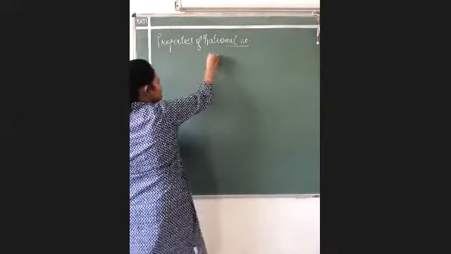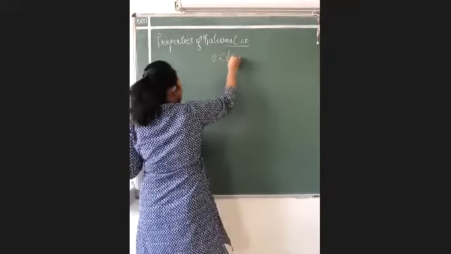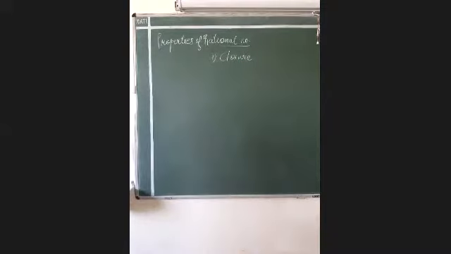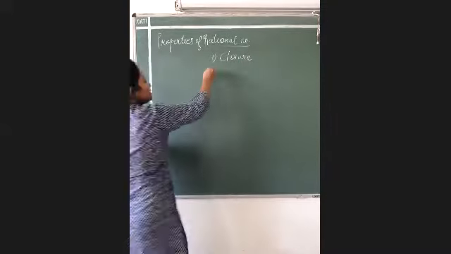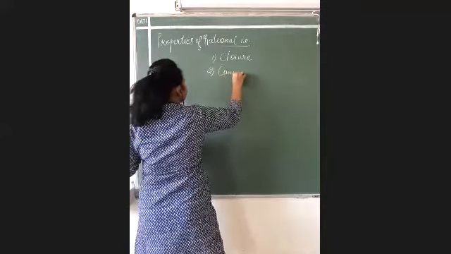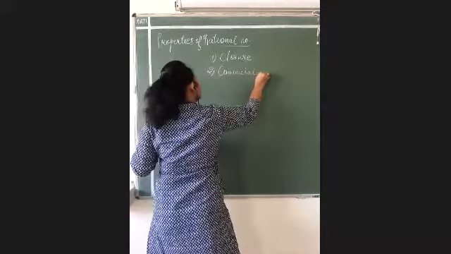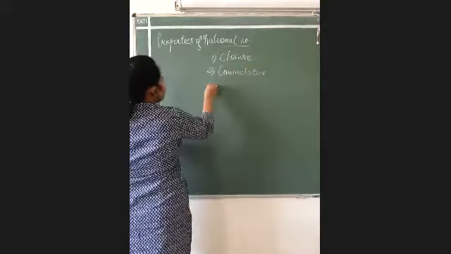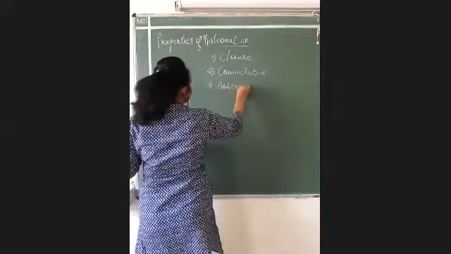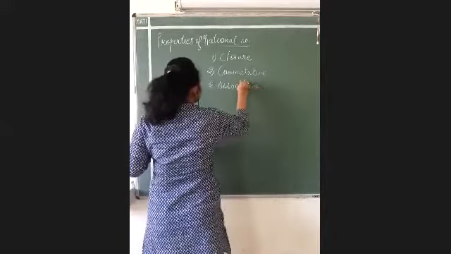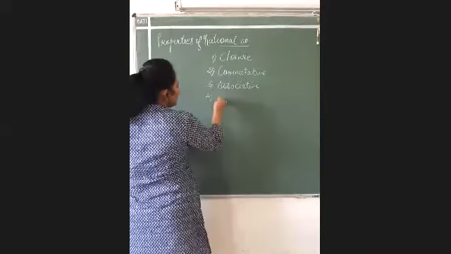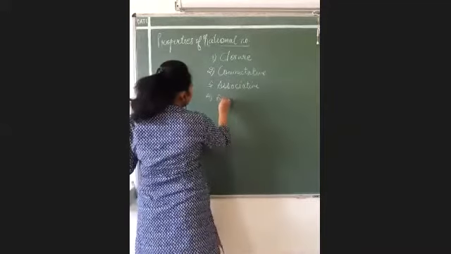For example, the first property which we always study is closure. The second property which we always study is commutative. The third is associative. The fourth is the distributive property.